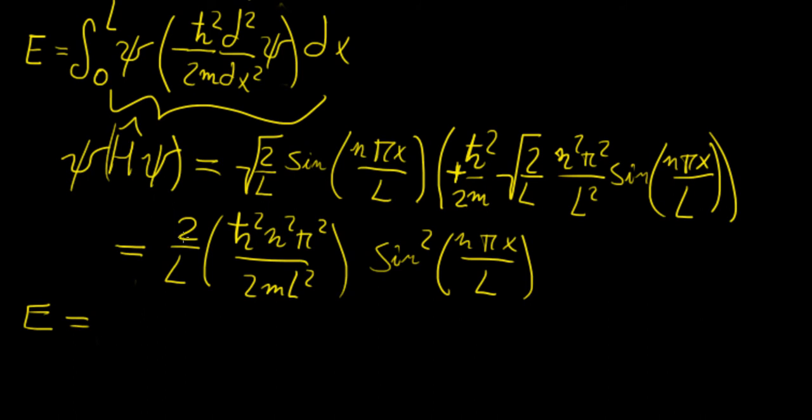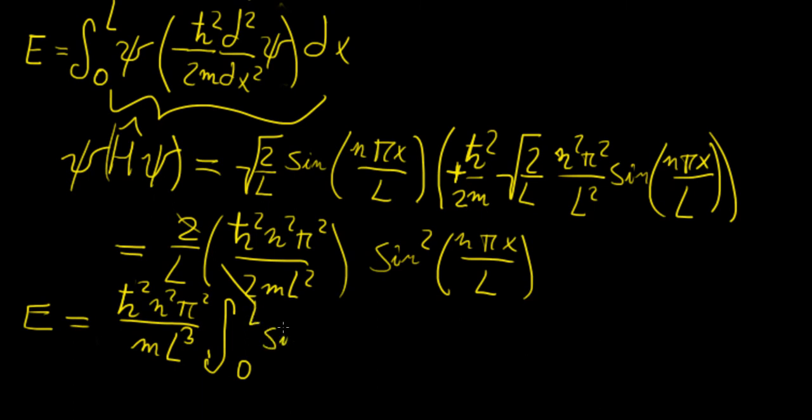So we're going to have this cancels out with that, and then we have L cubed. So this becomes h squared n squared pi squared over mL cubed. So that is what we're going to have there. And now the next thing is going to be the following, times the integral from 0 to L of sine squared n pi x over L dx.